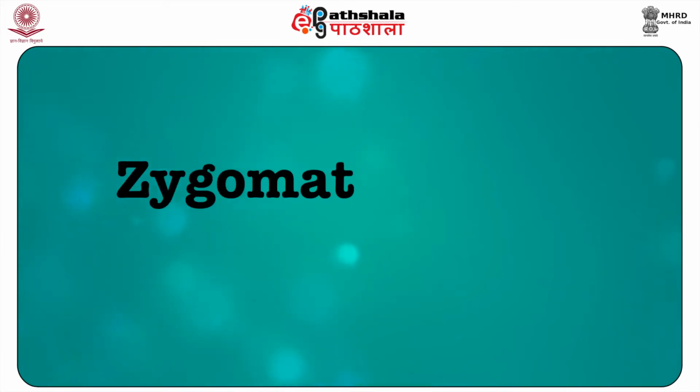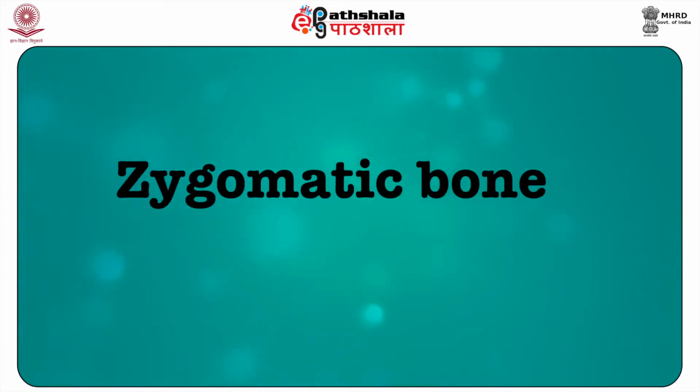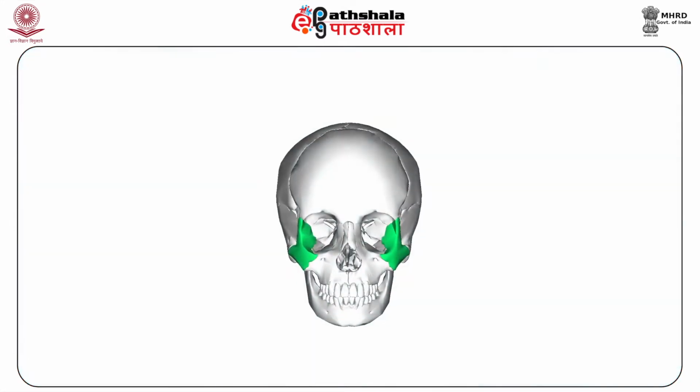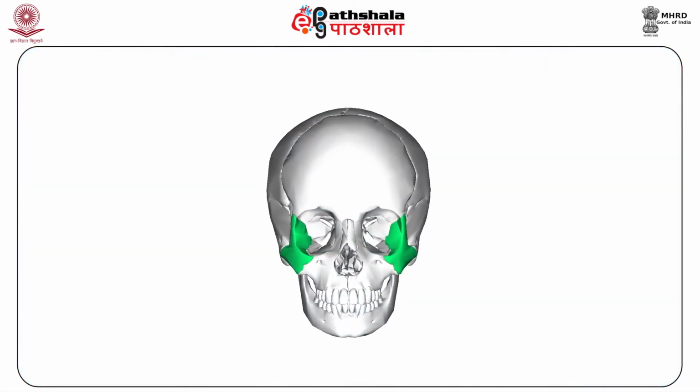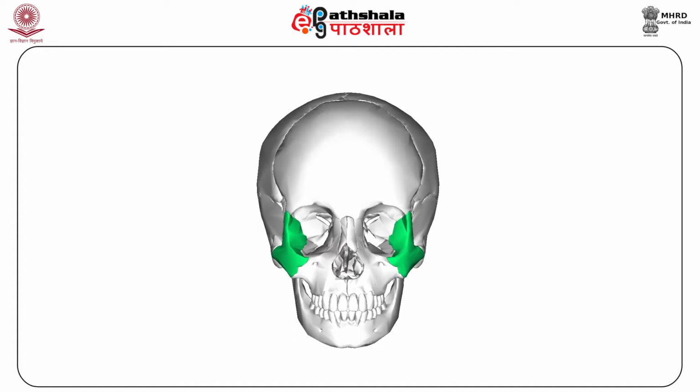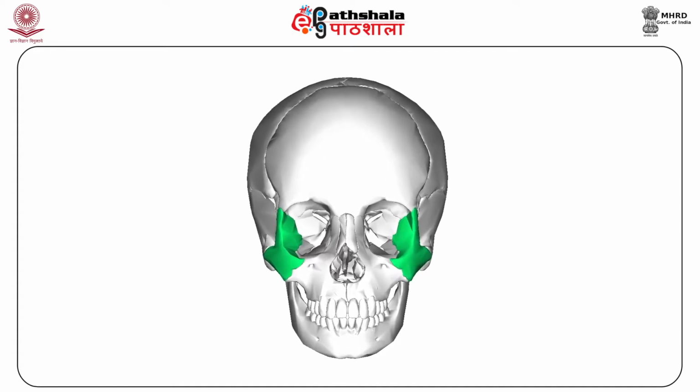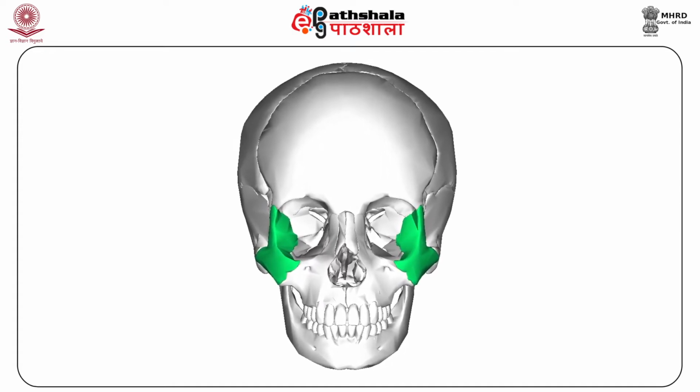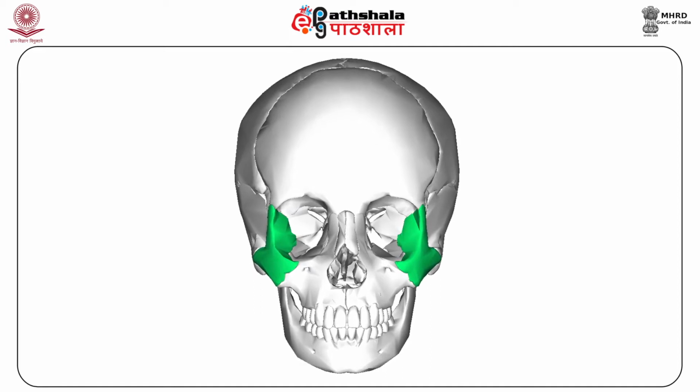The zygomatic bone, or the cheek bone. The zygomatic bone is small and quadrangular and is situated at the upper and lateral part of the face. It forms the prominence of the cheek, part of the lateral wall and floor of the orbit, and parts of the temporal and infratemporal fossa.